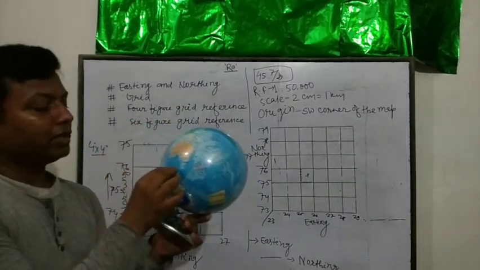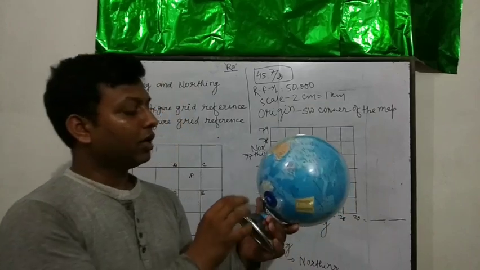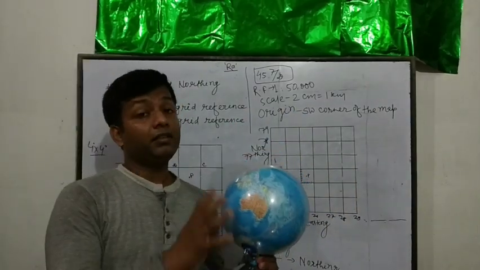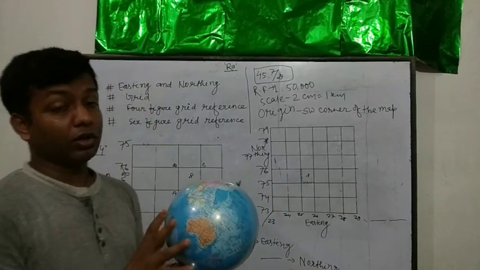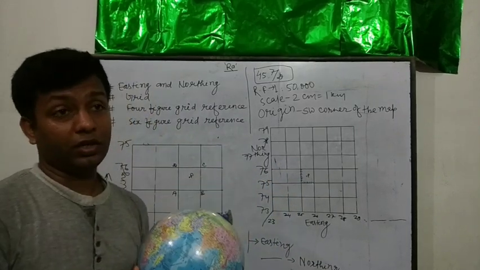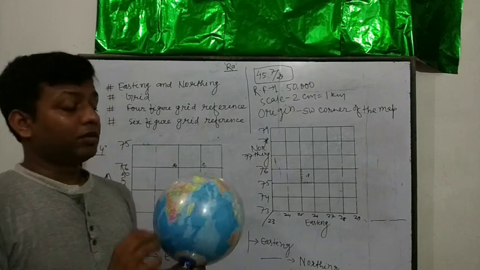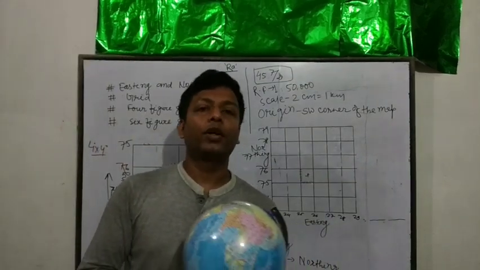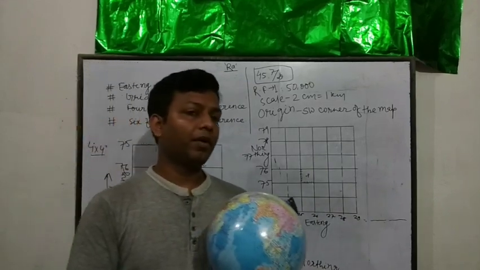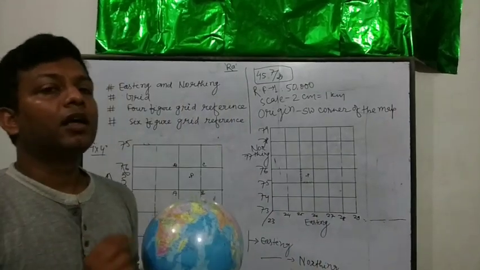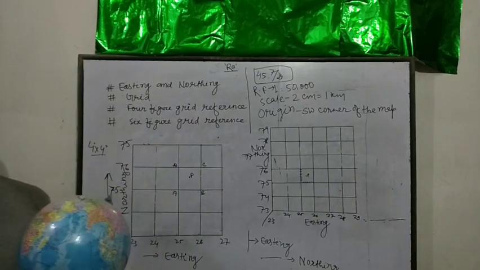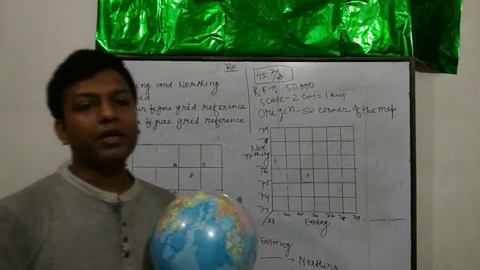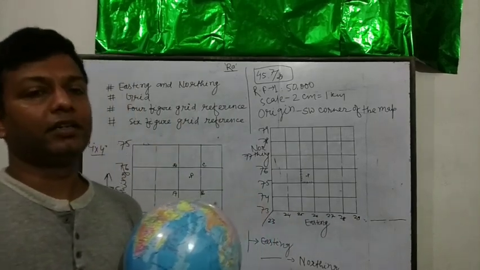Here we can separate latitude and longitude because there are infinite numbers of latitude and longitude, we can draw them out. Even a very small area, a very small village, we can find on Google Map with the help of a certain latitude and longitudinal address. And when the latitude and longitude meet, this is called a grid.